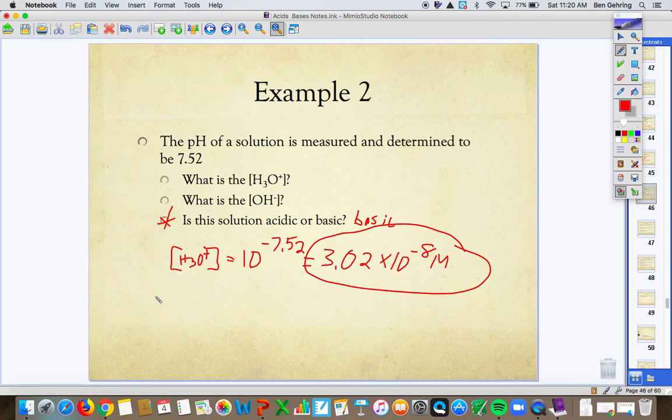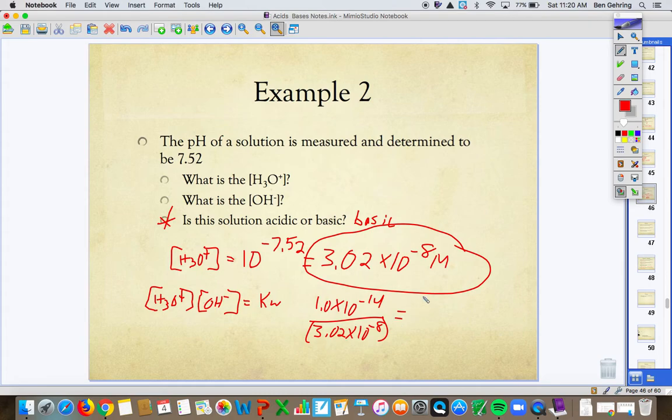Okay, now that we know this, we can use hydronium times hydroxide equals Kw and solve for hydroxide. So I can take 1.0 times 10 to the minus 14th divided by 3.02 times 10 to the minus 8. And be careful on this. Make sure you use parentheses around this number to get your answer. And you should come out to 3.31 times 10 to the minus 7th.